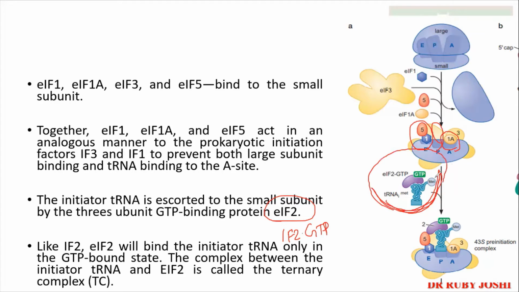And this entire thing is brought and placed onto the P site. Okay? Now this entire thing is known as your ternary complex. Guys, are you able to follow? इतना याद हुआ आपको?